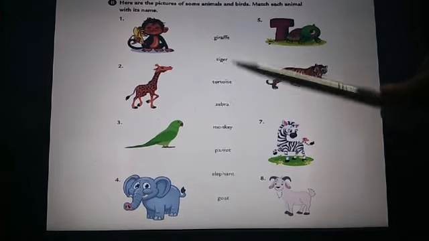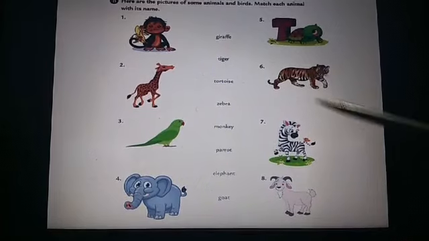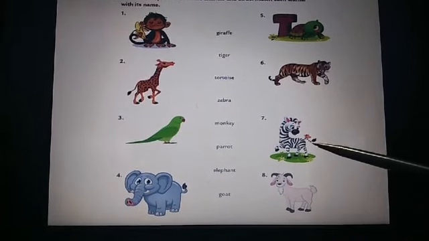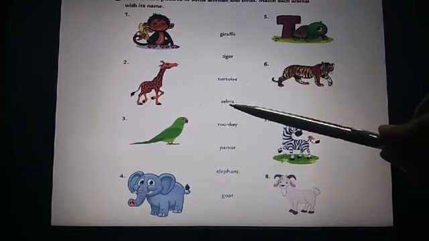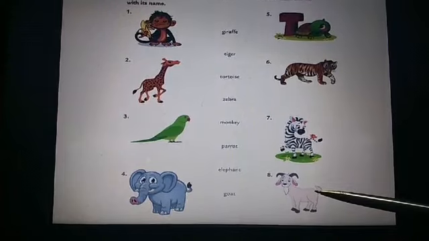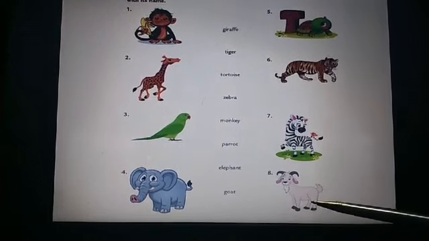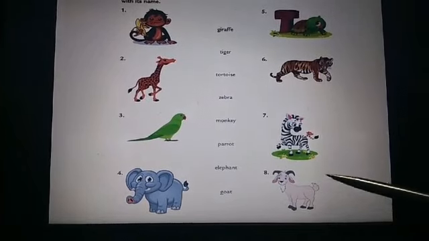So where is tiger? Over here. So in front of 6 you have to write tiger. 7th image is of zebra. Here is the word zebra. You have to write it in front of 7. And finally in front of 8, yes, it is a goat. So you have to write goat over here.